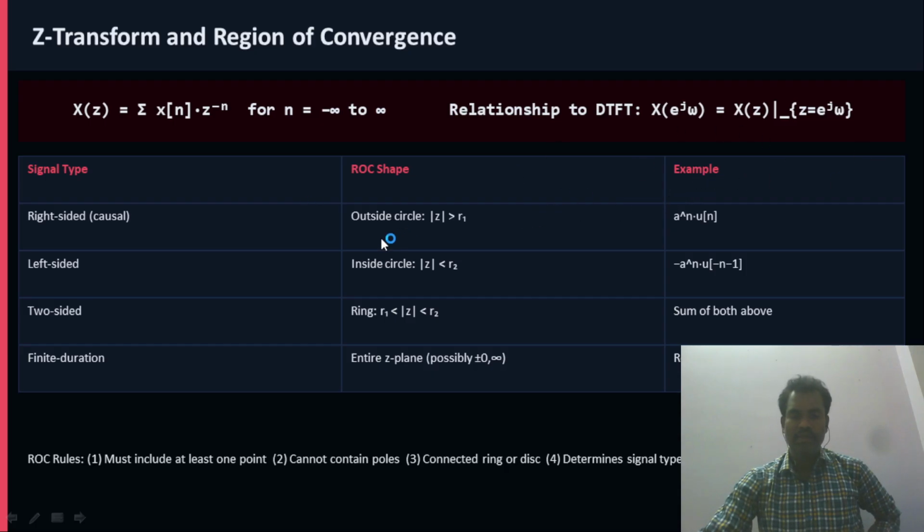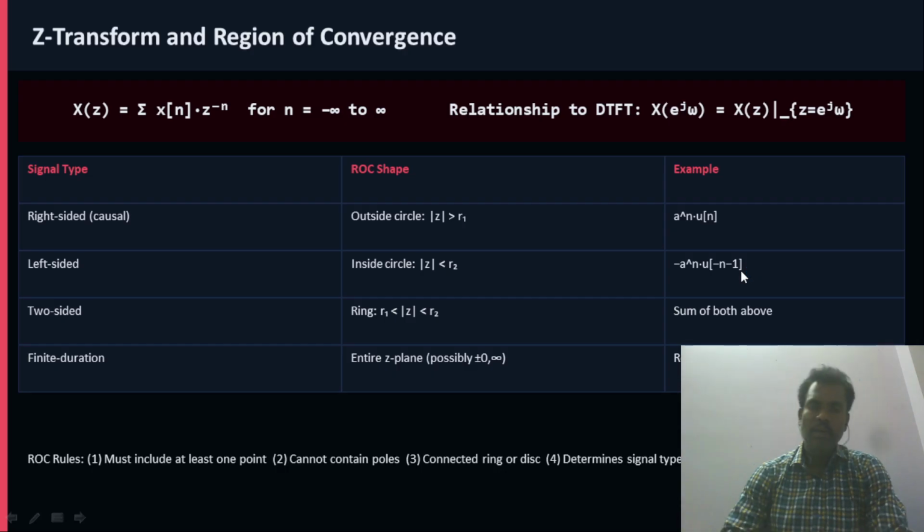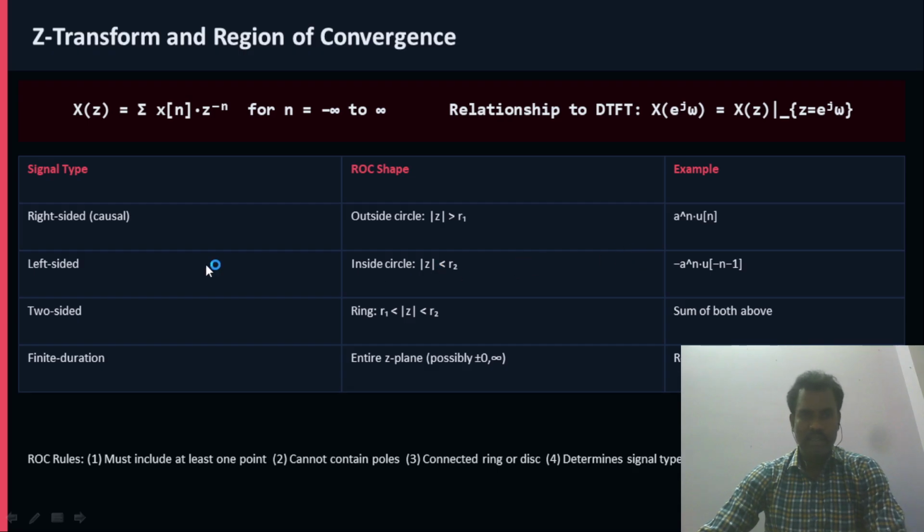It is shifted by minus 1, so it won't start from 0. It starts from minus 1 to minus infinity, which means completely negative side, or completely left side. So a left-sided signal won't include the origin. For a left-sided signal, the ROC is mod z less than.